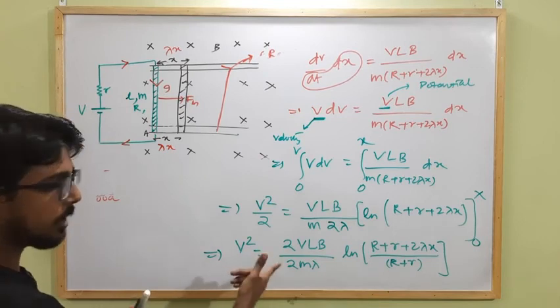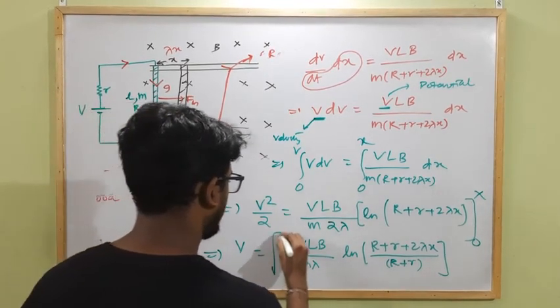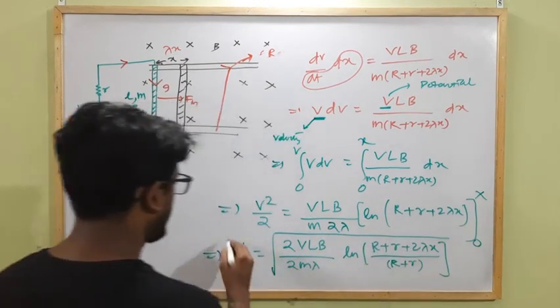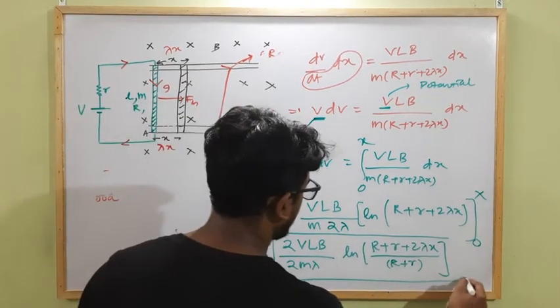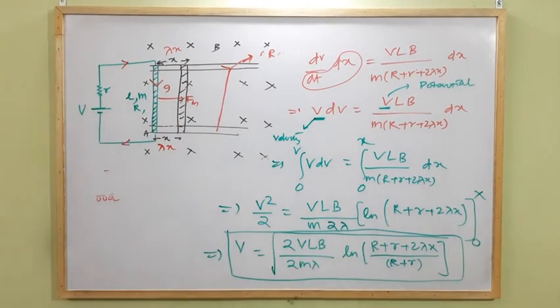This will be the V square and V will be taking the square root. So this is the expression for velocity of the moving rod at any place x.